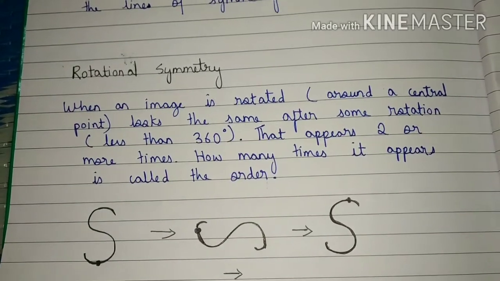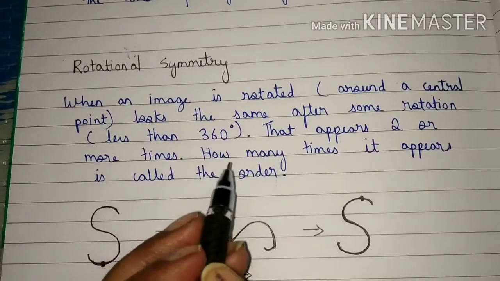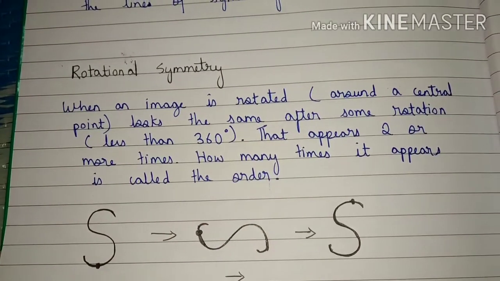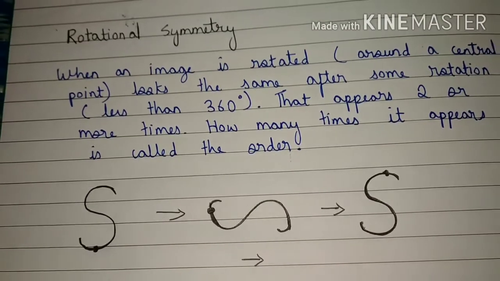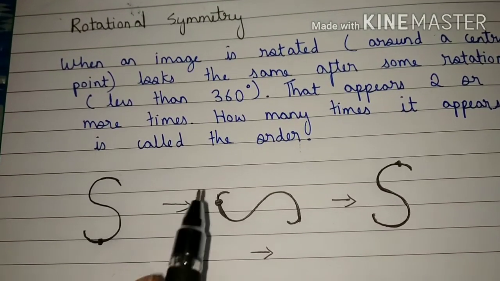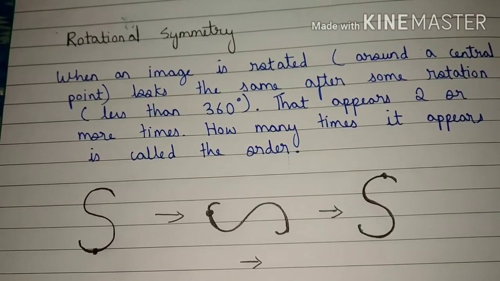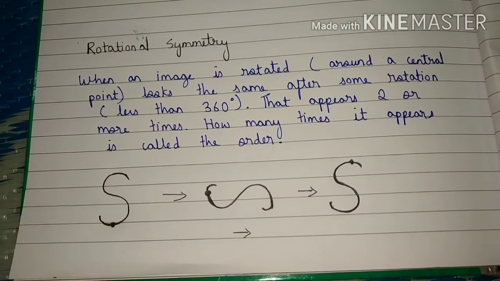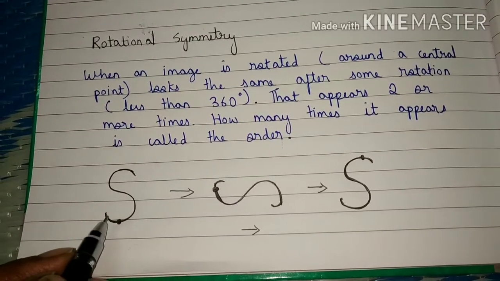And the number of times we rotate the image is called the order. Students, let us understand this concept with the help of this figure. Students, this is a figure of S.